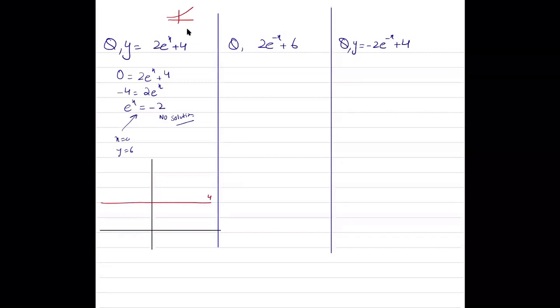And then you are going to have a sketch like this. But this point is going to be 6. Do you understand this? Yes, sir. Okay. Try the other one. Now the other one is e raised to the power of minus x.